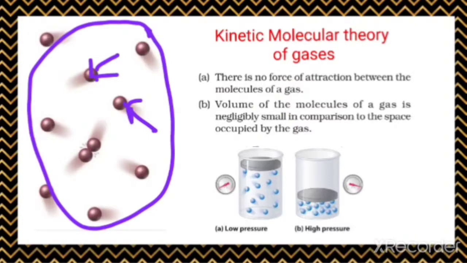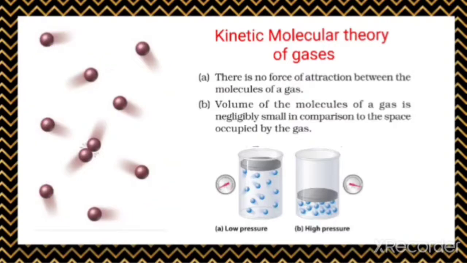While describing ideal gas behavior, this condition was put forward that the volume of the molecules of gases is negligible. But actually there is some volume of that molecule. It must be there. Because of this, the second assumption is incorrect.